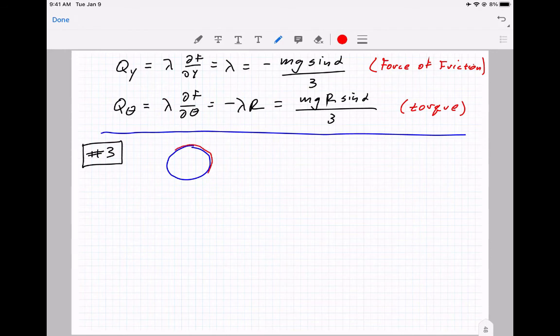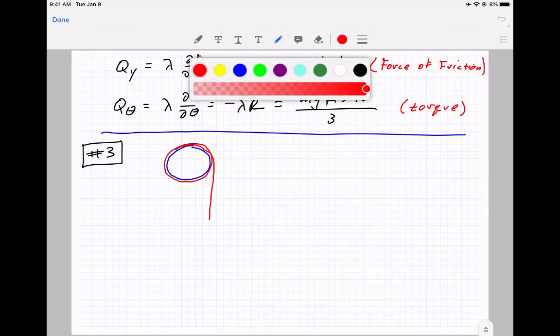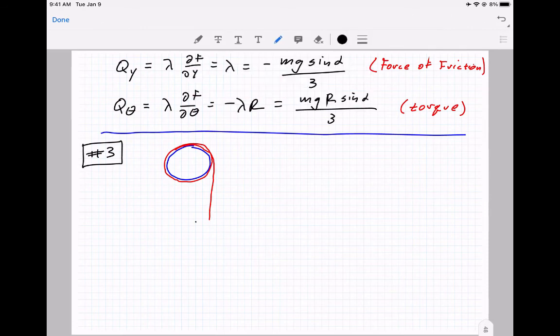There's going to be this rope that's wrapped around it, and then comes off, and then I've got a mass m, which is experiencing the force of gravity. Okay, and so there are 2 types of motion. There's the rotational motion of the pulley about the axis, and you've also got the translational motion of the mass.